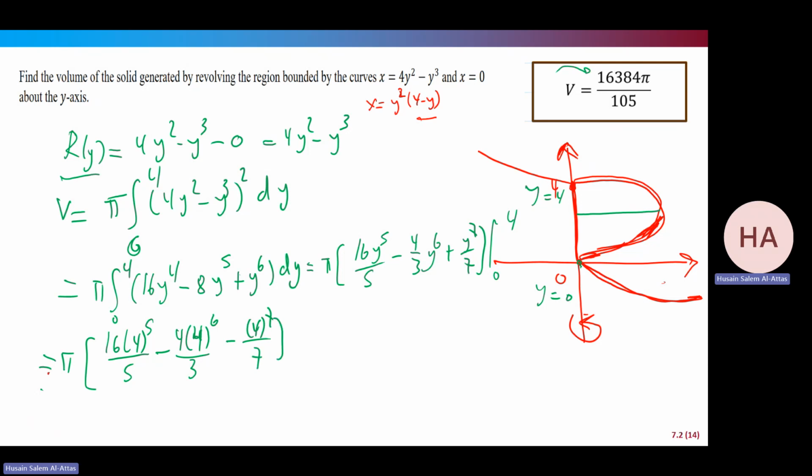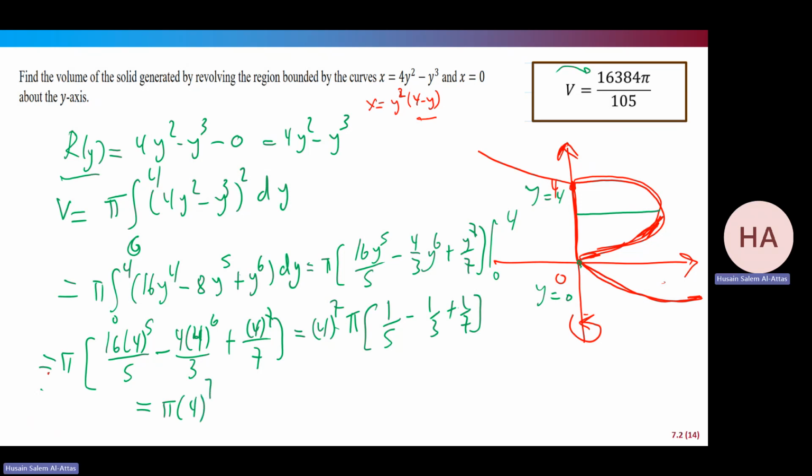I notice one thing. This is 16, which is 4 squared. So I have 4 to the power 7. I can take it as a common factor. 4 to the power 7 times pi. The remaining is 1 over 5 minus 1 over 3 plus 1 over 7. This is plus, sorry. That gives me what?